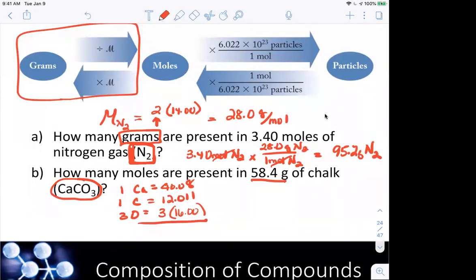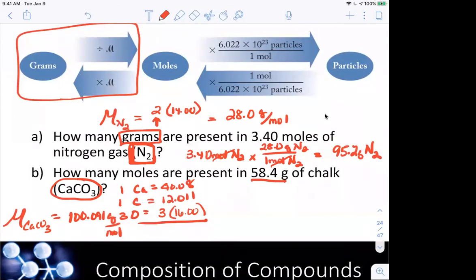I'm going to add that all up to get the formula mass, or the molar mass of CaCO3. So the molar mass of CaCO3 is going to be equal to 40.08 plus 12.011 plus parenthesis 3 times 16 close parenthesis, and what I get is 100.091 grams per mole.